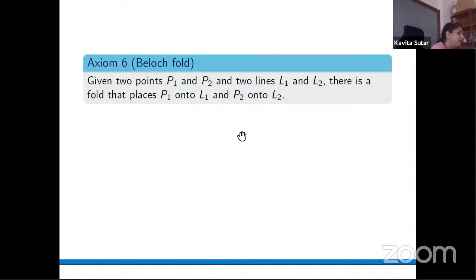Why is this special and why is this interesting? In general, if you consider two parabolas, what are the cases that you can have? You can have either one common tangent this way, or you can have two common tangents this way, or you can have three common tangents this way.